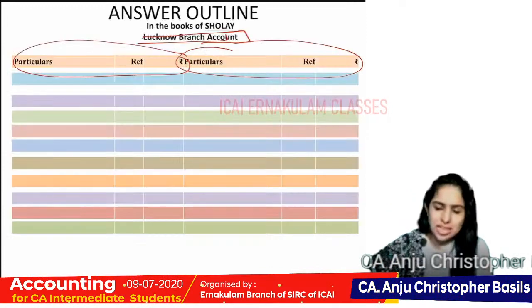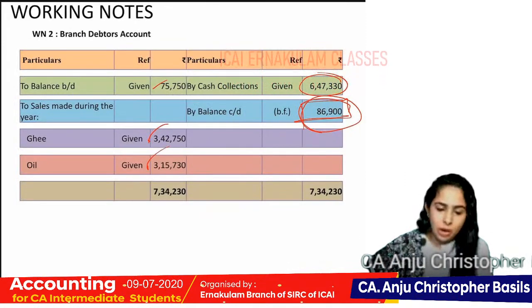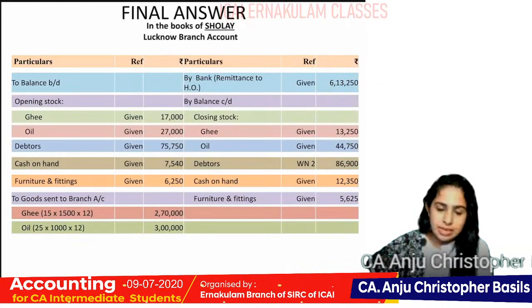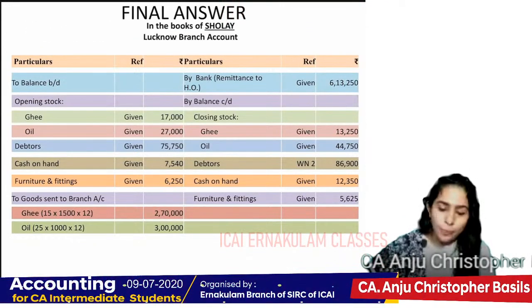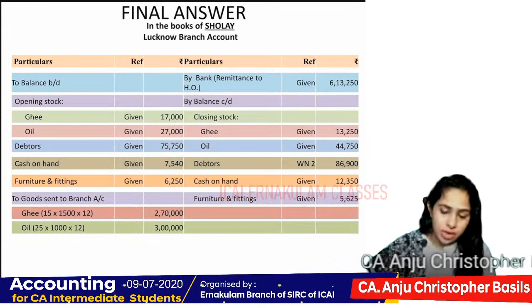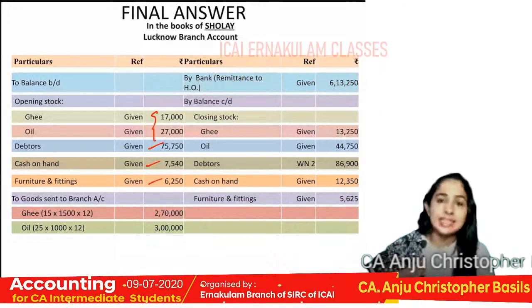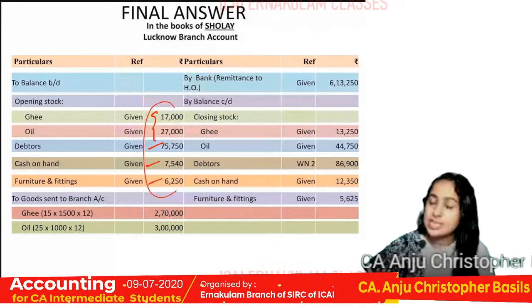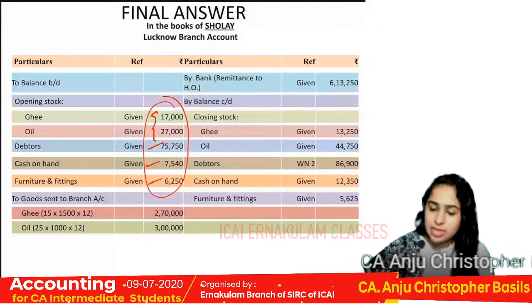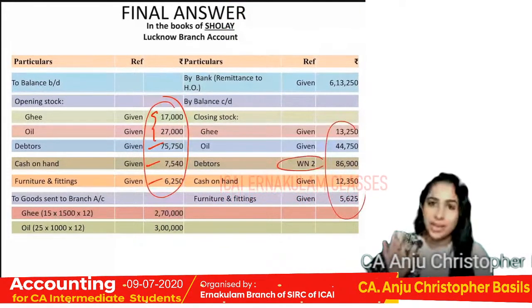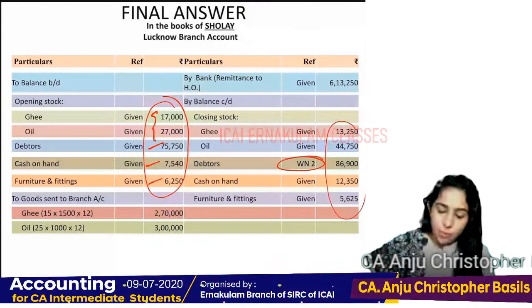So we'll quickly check through the account. Listen. The opening is given to you. The debtors also is given. Cash in hand is also given. The furniture is also given. So these opening details are given to you. Closing details are also given, except this one which you have already computed. Now, how about the goods sent?